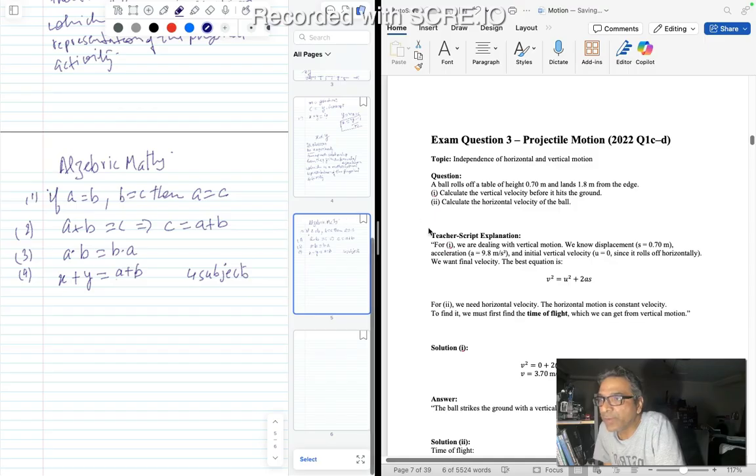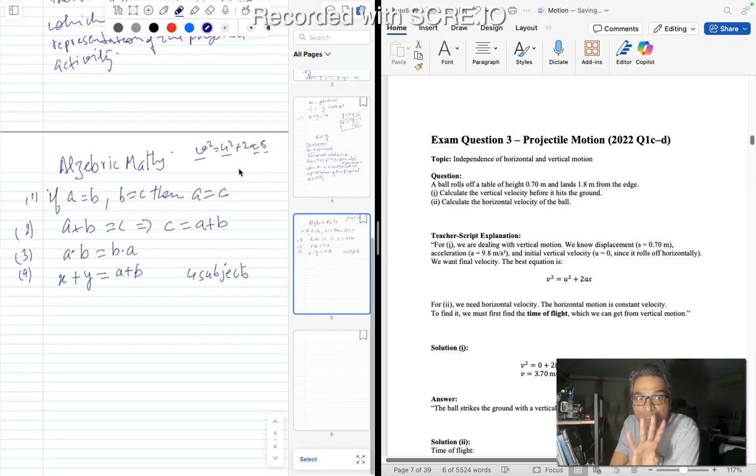For example, in this case, v square equals u square plus 2as. How many variables are there? One, two, three, four. So there can be four subjects, right? If we have v equals u plus at, again we have four subjects, right?